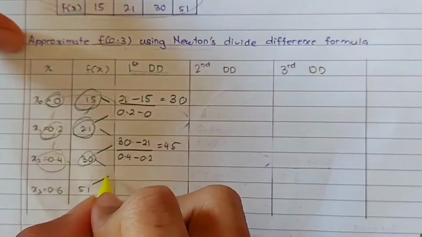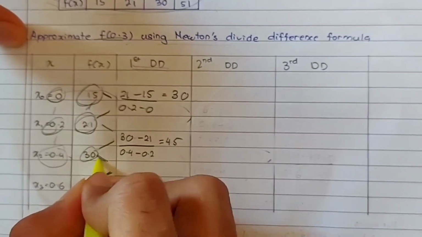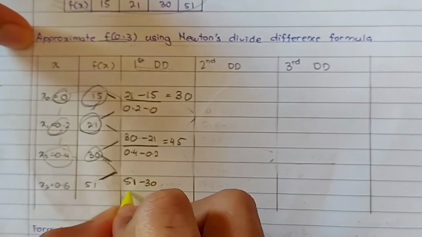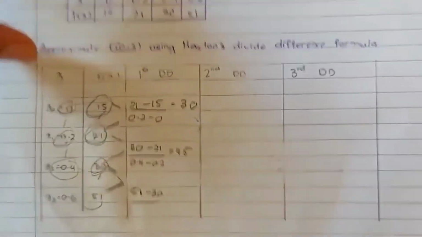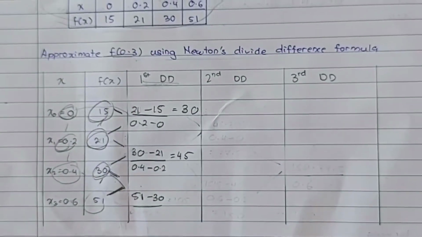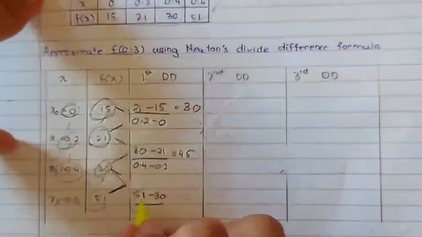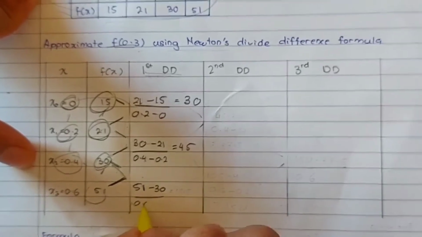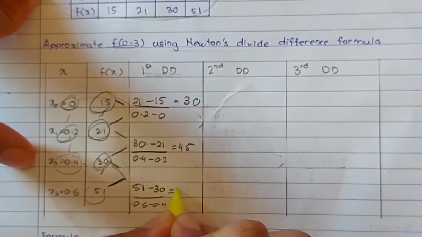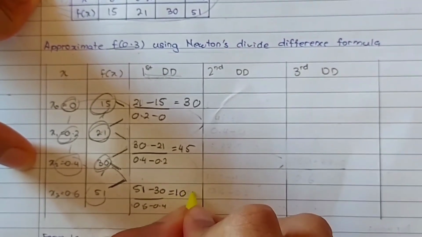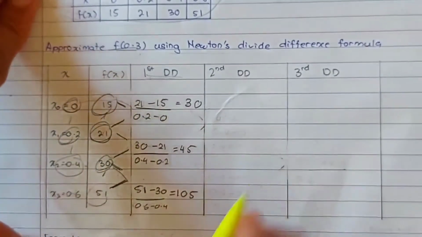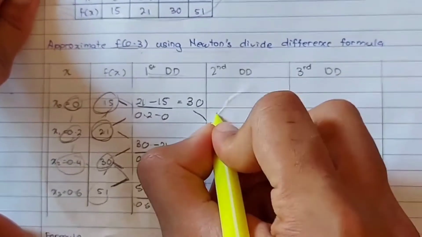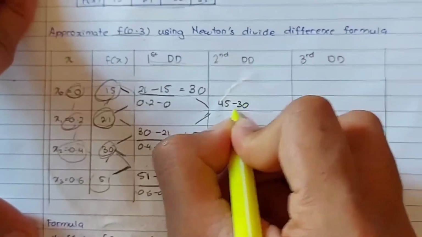And then we do the x3 and x2: minus 30 divided by 0.6 minus 0.4, and we get 105.